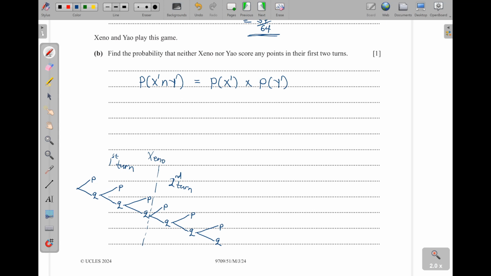So if Zeno scores no point, that means it is going to be only here q cubed, no point. And also here q cubed, so it becomes q power 6. You see that? So we shall have q power 6. That is for Zeno. But this is going to be the same thing for Yao, because they are playing the same game.